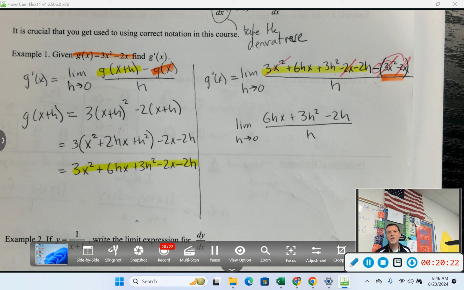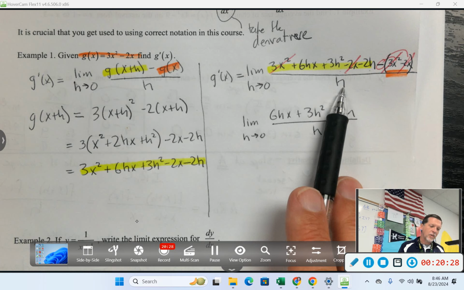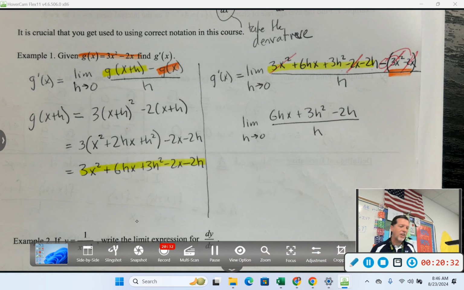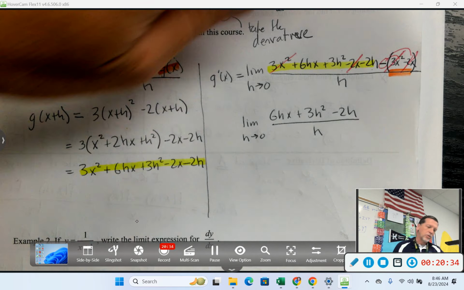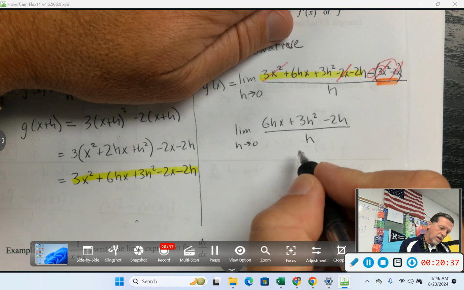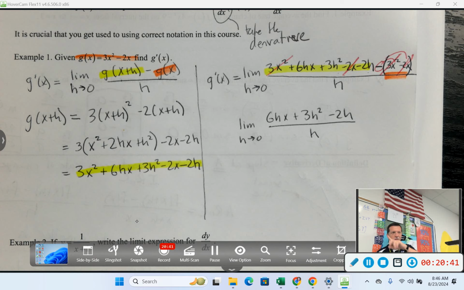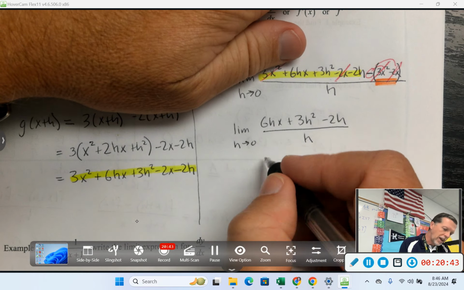I sort of skipped over this: when we solve a limit, we're supposed to substitute first, but it's pretty clear that if I plug in 0 for h, I'm going to get 0 in the bottom. So I'm trying to simplify that h out of there, and then we'll try substitution. All of those terms have an h, so I can divide the h into each of them, or reduce them all by h.